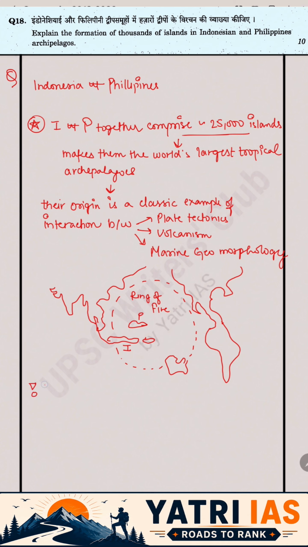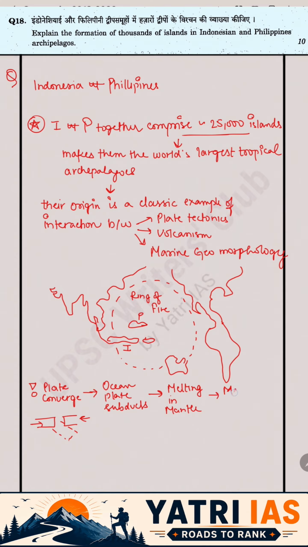Like when plates converge, what happens when plates converge? The ocean plate subducts because of lower density. Like if this is the ocean plate, this subducts, and with subduction, melting in the mantle takes place.